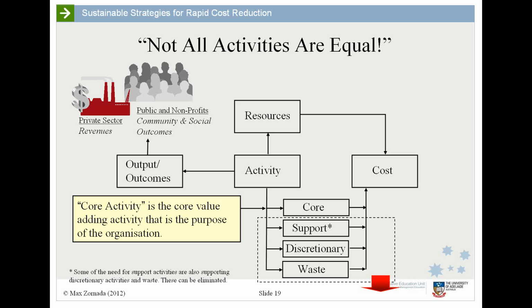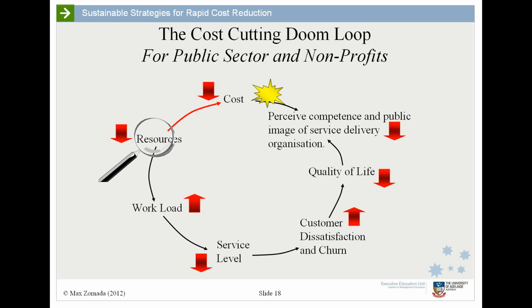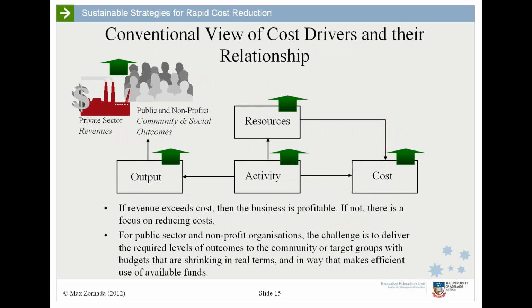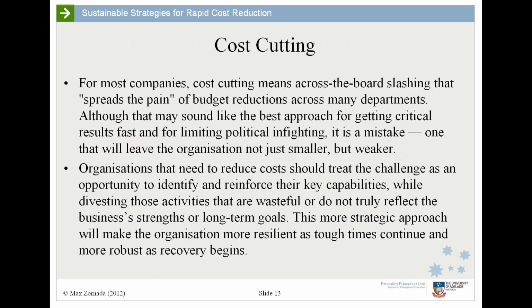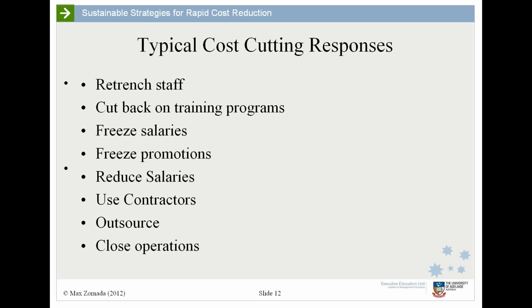Well, I think one of the problems is that what are perceived to be the quick slash and burn approaches to reducing cost are often an illusion. If I go back to this quote here, this idea of rapid slash and burn cost cutting often leaves the organisation smaller and weaker.